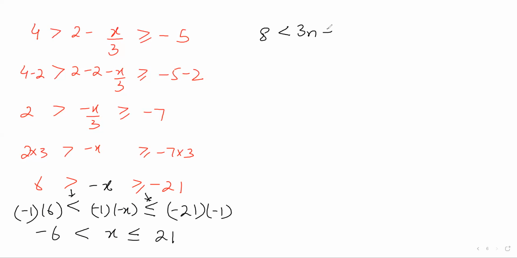If you have a question at the end like 8 is less than 3n plus 2 less than or equal to 17, you need to list all the possible values of n. To list all the possible values of n, we need to first solve it.